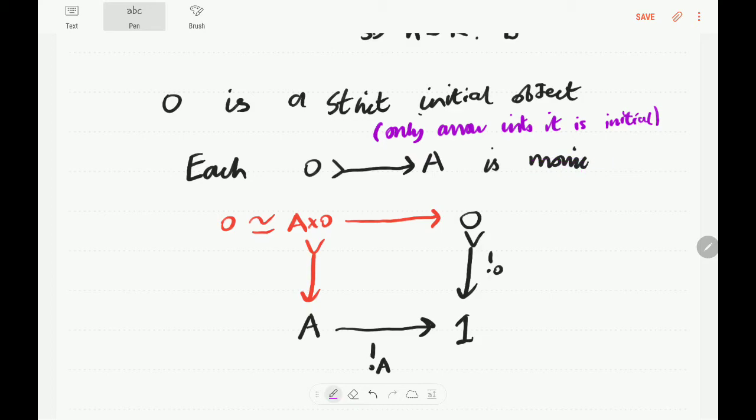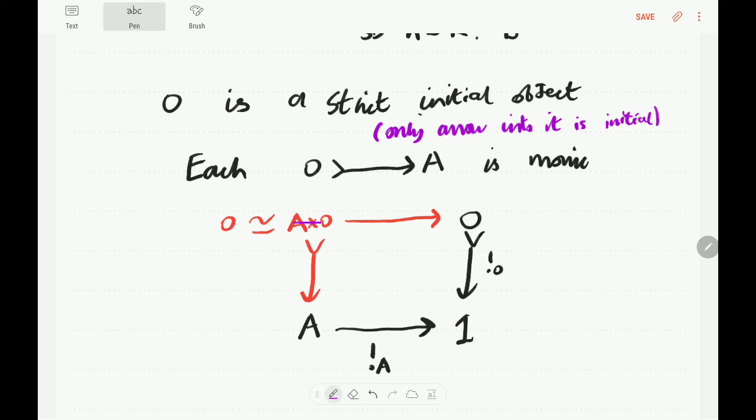Why? Well, consider the pullback of this arrow from 0 to 1 along exclamation mark A. Now that's going to be, by a previous result, when we do a pullback of arrows into a terminal object, the object which is the pullback is the product of the two bottom left and top right corners.